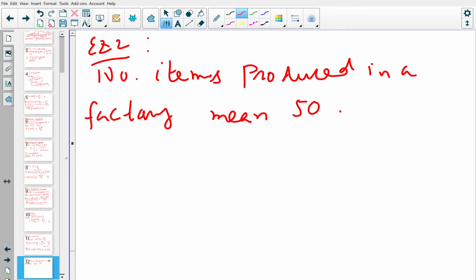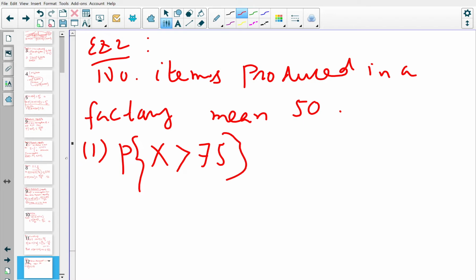And you want to know the probability that the number of items is bigger than 75.